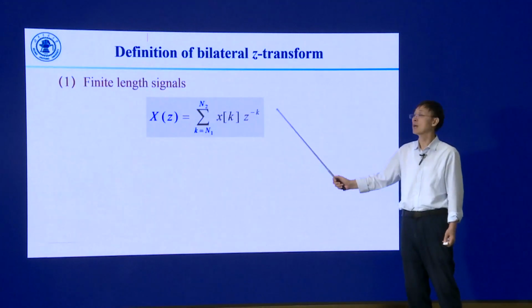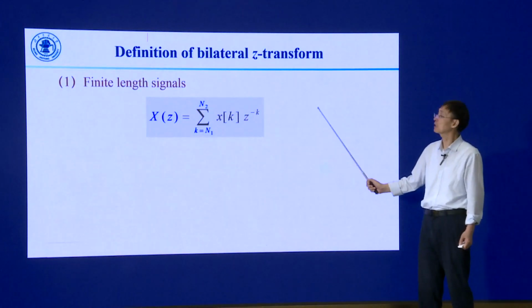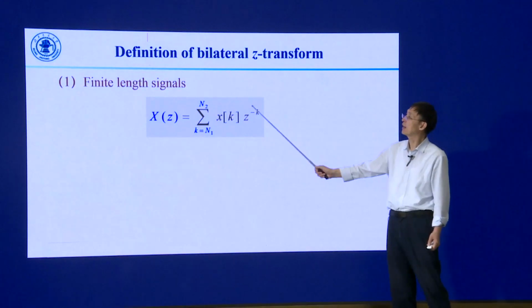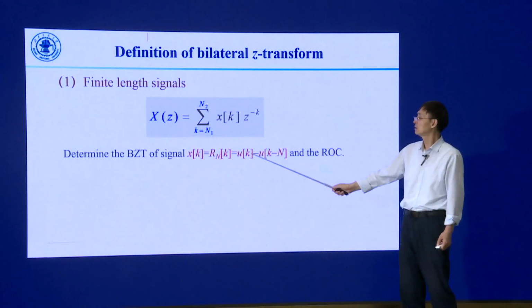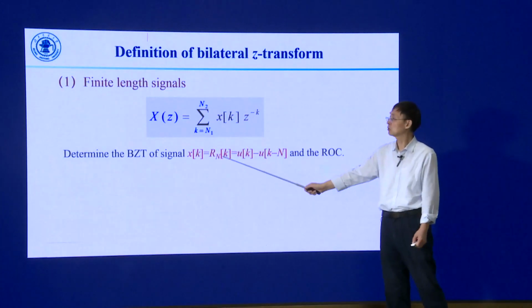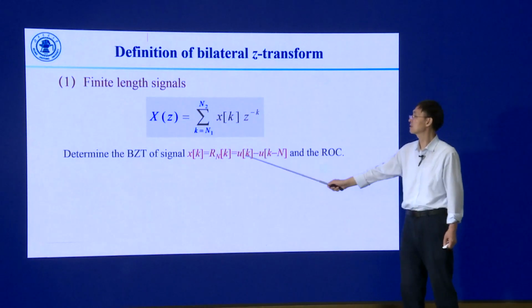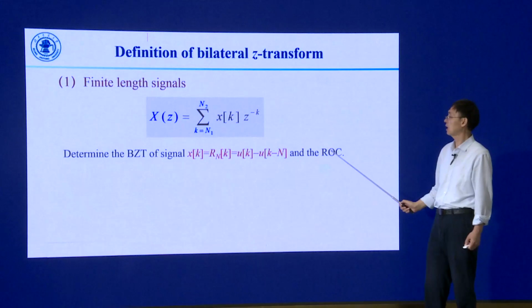Here we will discuss the bilateral Z transform for some signals. First, the finite length signals. For example, determine the bilateral Z transform for this finite length signal and its ROC.